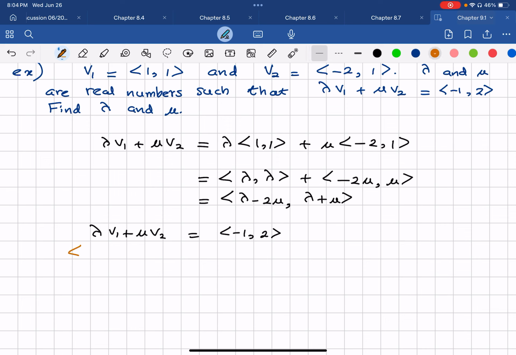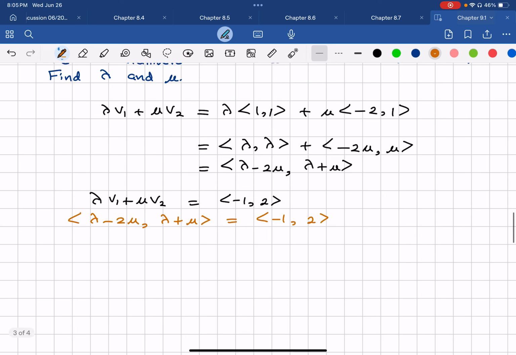So I computed lambda v1 plus mu v2. That's going to be (lambda minus 2 mu, lambda plus mu). And it is going to be (-1, 2). Okay, right.